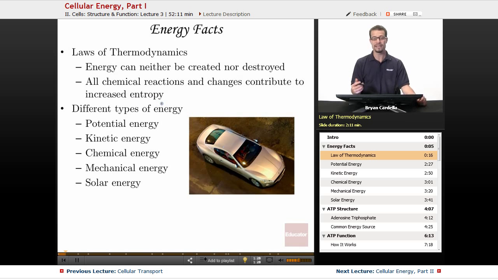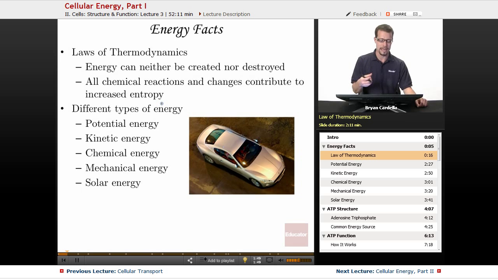Entropy is basically chaos in the universe. Even building up molecules in cells, over time, it's a losing battle in terms of making energy work for you. And so over time, there's just increased chaos.